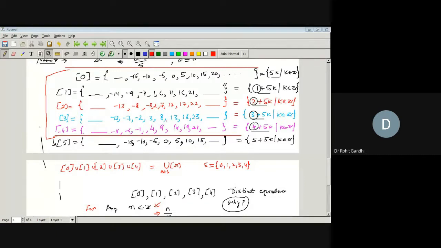Please try to take the union of all these things, starting from 0, 1, and 2 like this. Yes, sir. How many students are raising their hands? Yes, now 9 students have raised their hands.